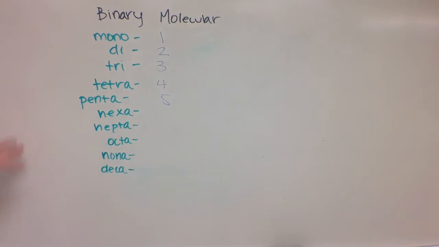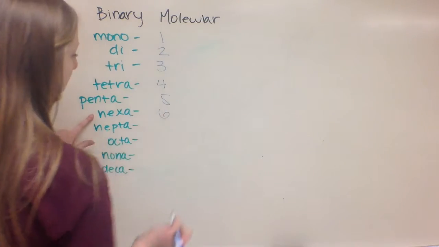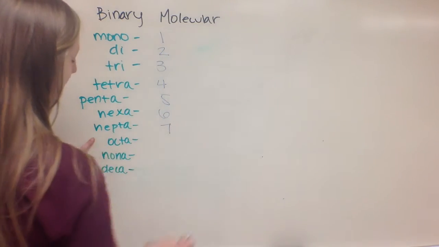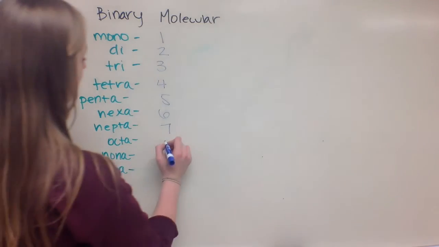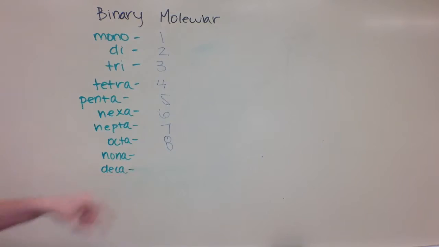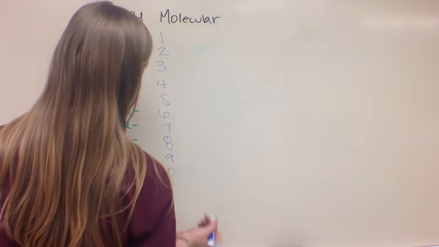For example, think of a pentagon, and for tri, think of tricycle. Hexa, 6, like a hexagon. Hepta, 7, like a heptagon. Octa, 8, like an octagon or an octopus. Nona, 9, and deca, 10.